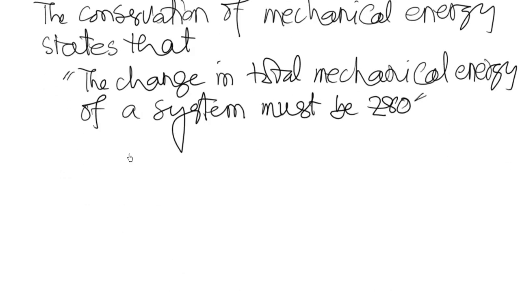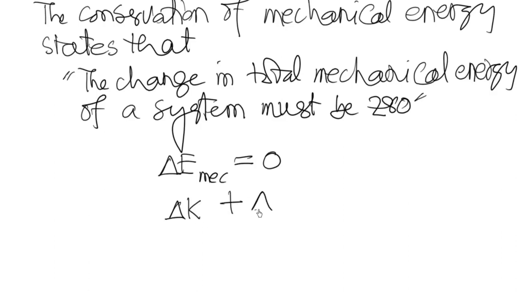That means delta E mech equals 0, which means delta K plus delta U is 0. And what is the change in kinetic energy?